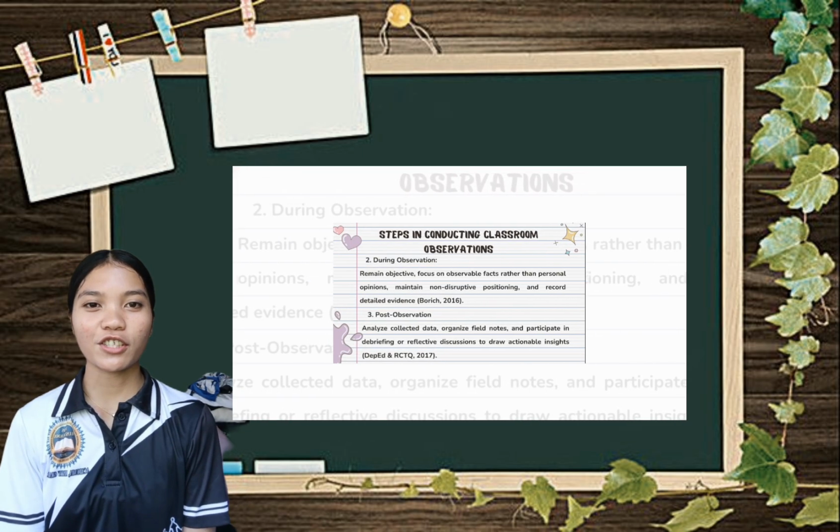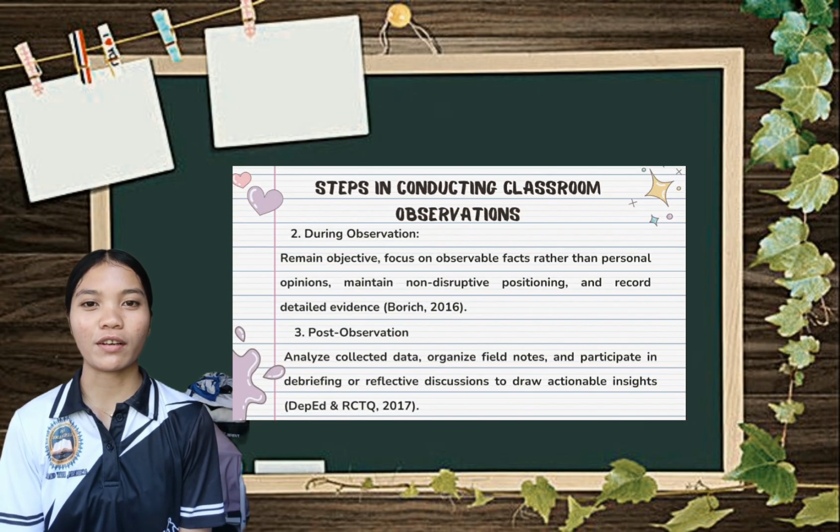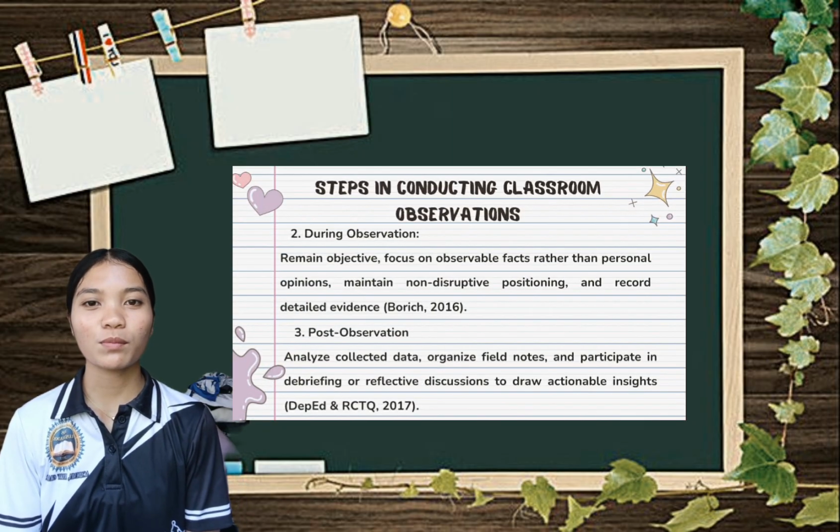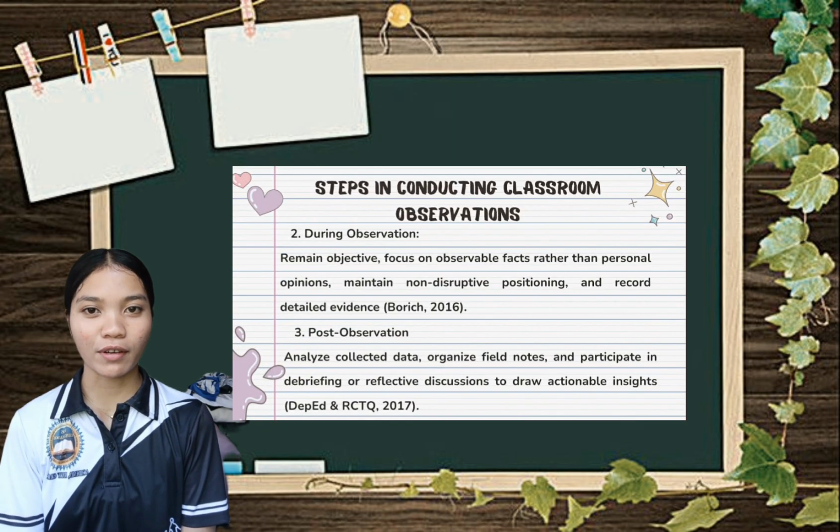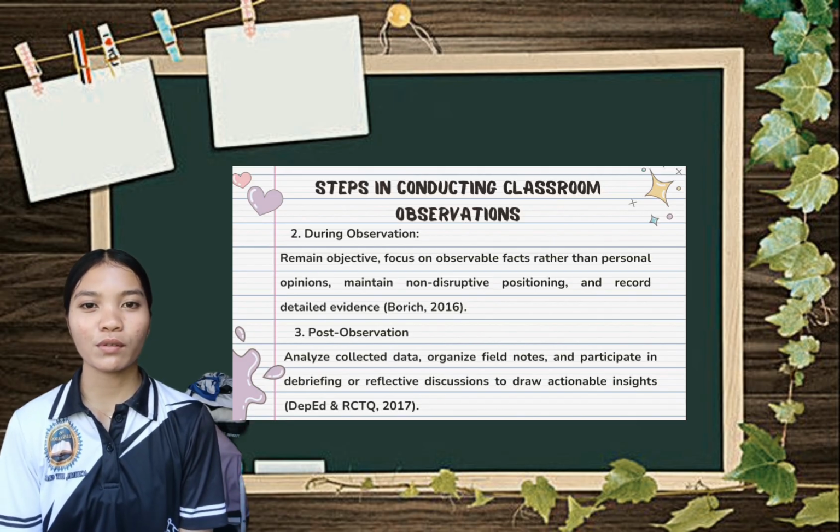The second stage is during observation. At this point, the observer should remain objective and focus on observable facts. The observer should also avoid disrupting the lesson and should record detailed evidence.